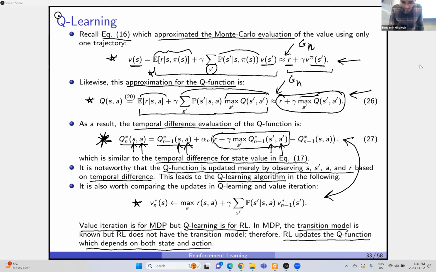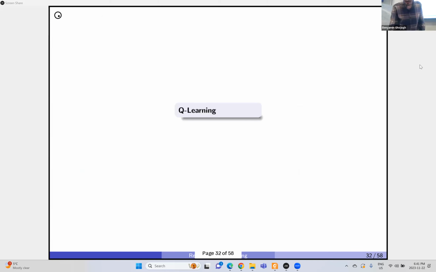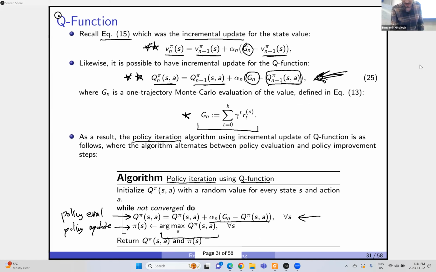And now this is the temporal difference that we had. Now the GN, do you remember? This equation was the incremental update. Do you remember in the previous session what the difference was between incremental update and temporal difference? Let me go back for you to remember, if I can find that slide.